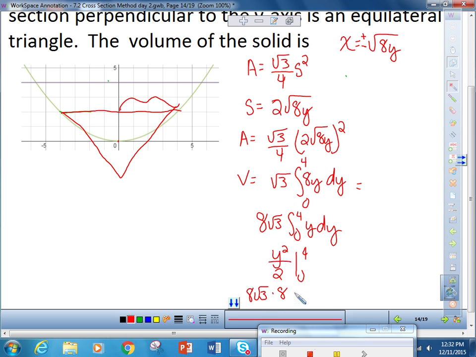Is 24 radical 3 a choice? How did I get, 8 times 8 is 64. It is, isn't it? So 64 root 3. Okay? Are we good? Yes?